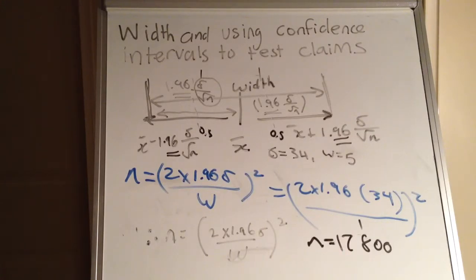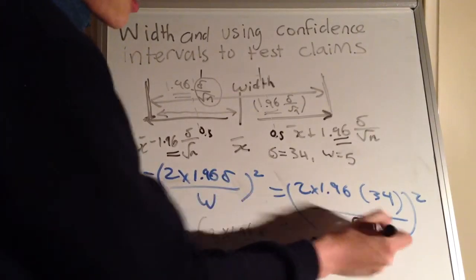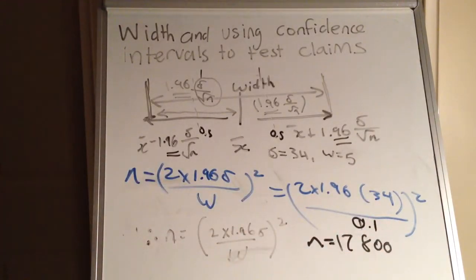So something you can follow along with if you want, is actually changing the width to 0.1 just to prove that last point. If we do plug that into our calculator, I won't go through the full instructions for it, but we just plug something like that in.